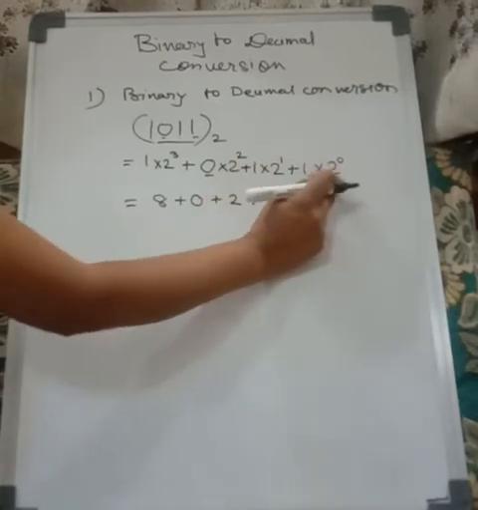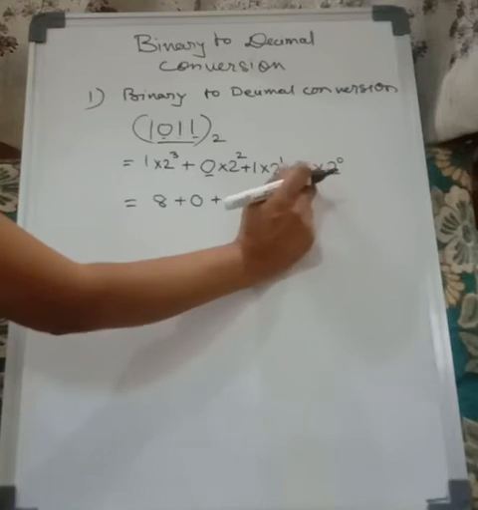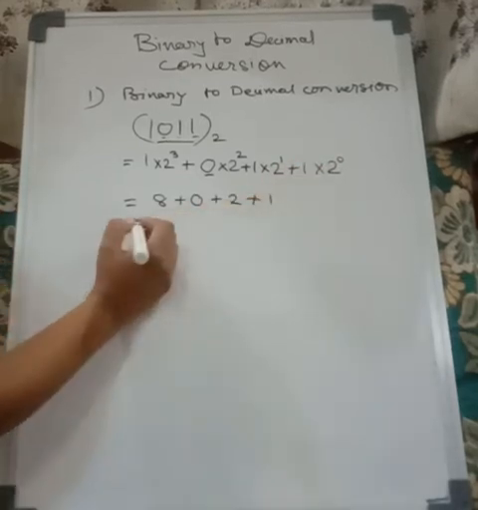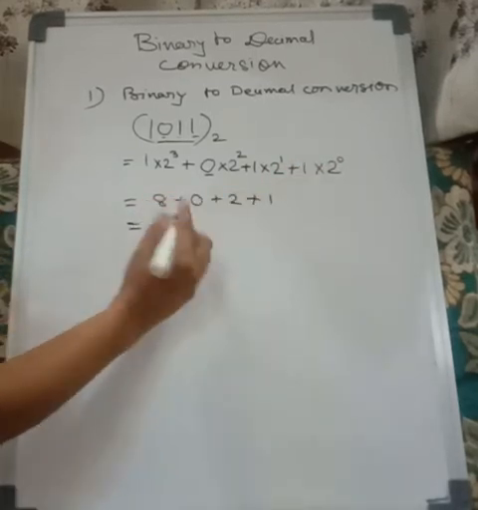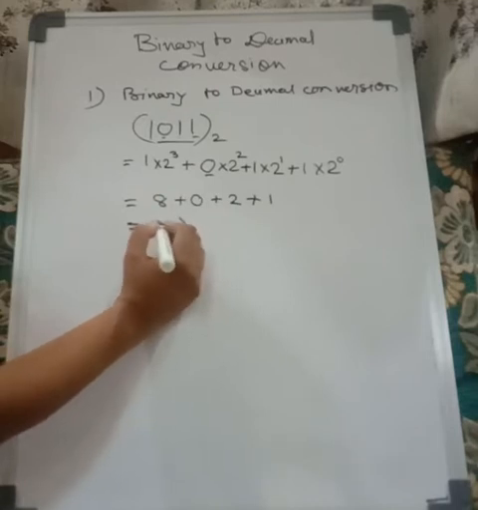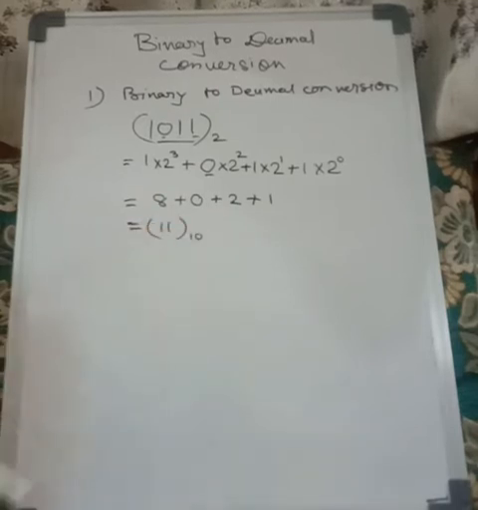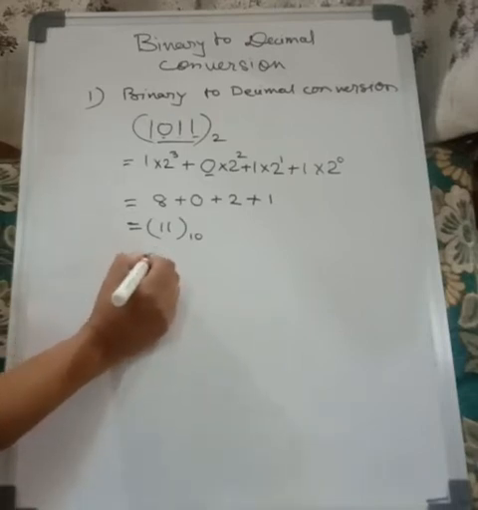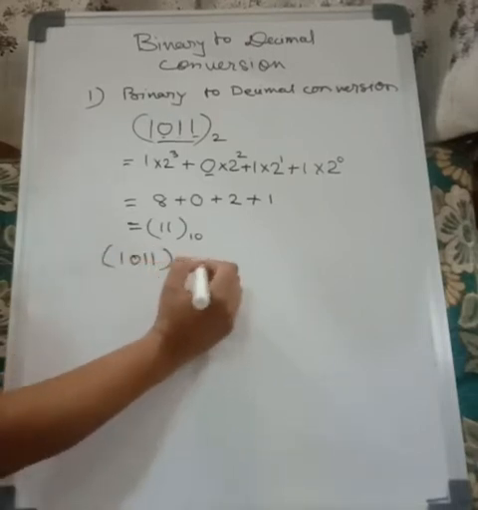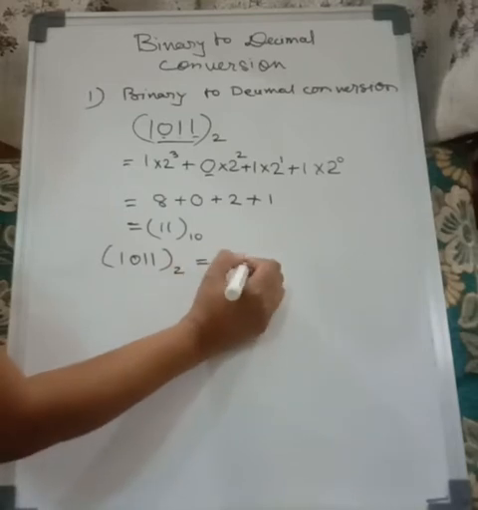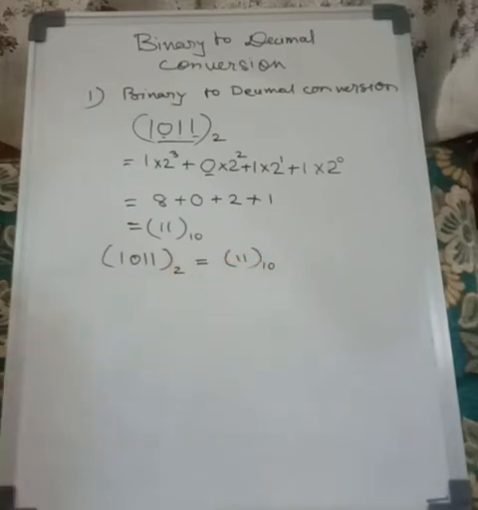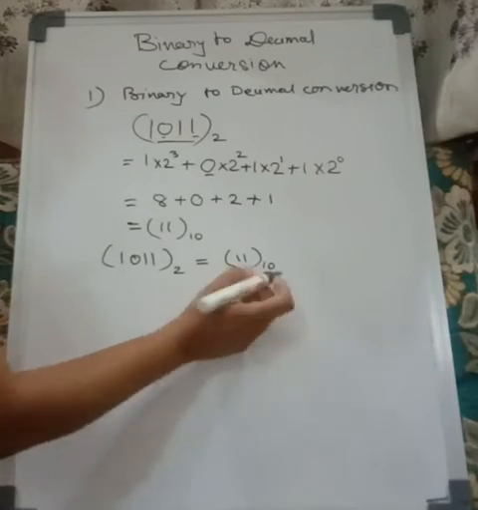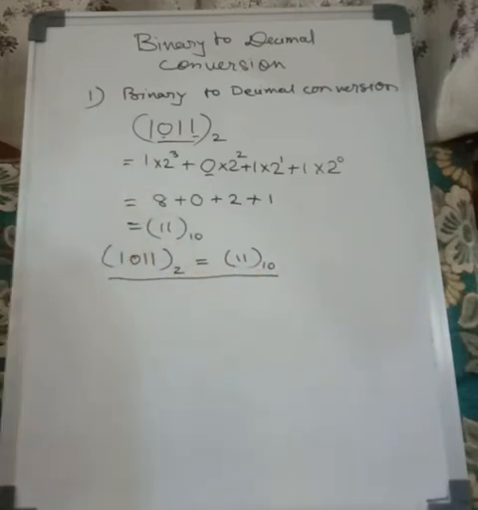Plus 2 to the power 0 will always be 1, so this digit will be 1. Now we simply add these numbers. This comes out to be 11 in the decimal number system. So we can write 1011 binary number is equal to 11. This is the way we convert a binary number into decimal number system.